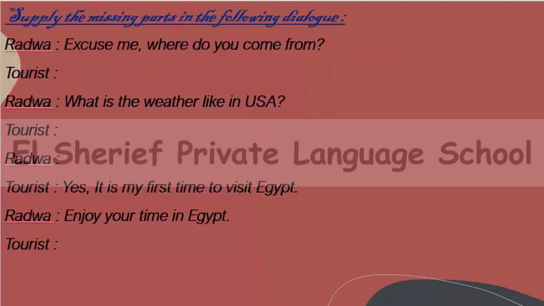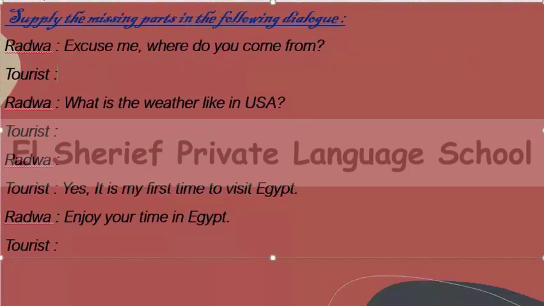Now the last exercise for today. Here, supply the missing part in the following dialogue. It's a conversation between Radwa and a tourist. Excuse me, where do you come from? Okay, we will read all the dialogue first. What is the weather like in USA?